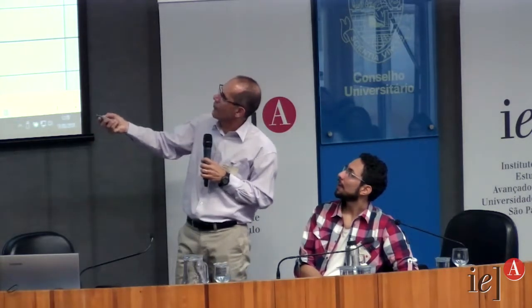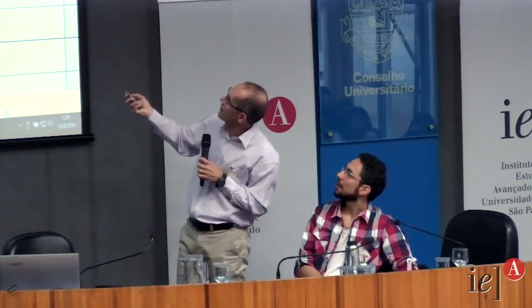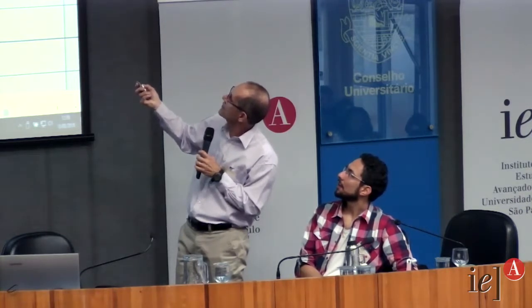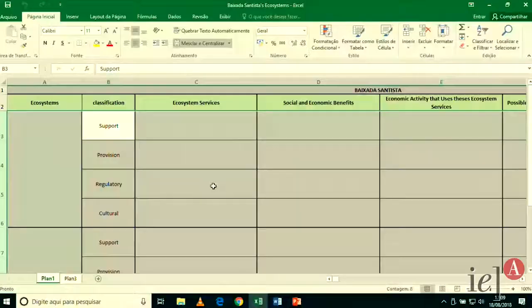Also, from every ecosystem service, can you think about the economic activity that uses it? Try to relate to the economic activities shown here. So: ecosystem service, some benefit, some economic activity that uses those services. And finally, let's move here.